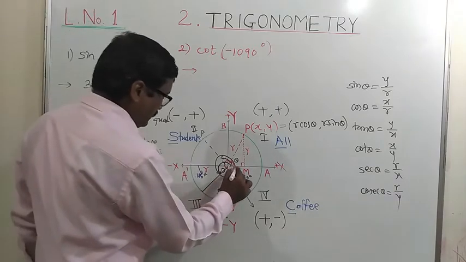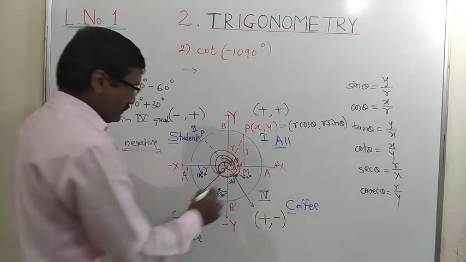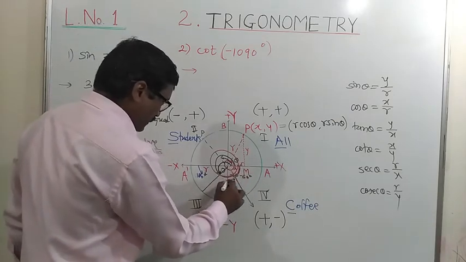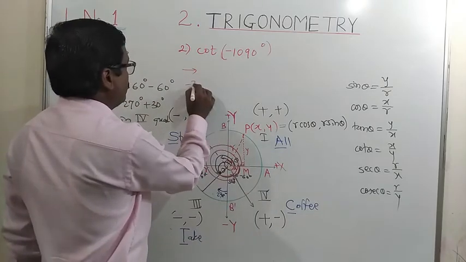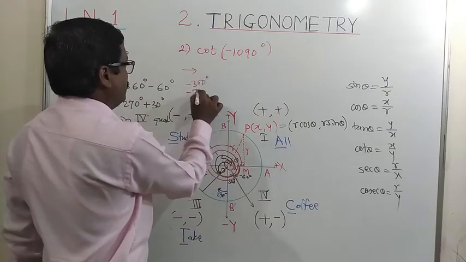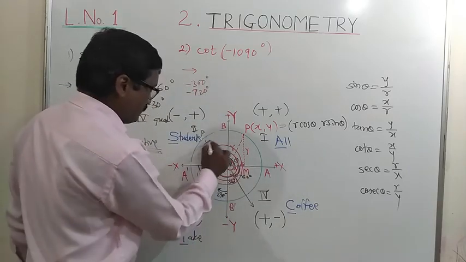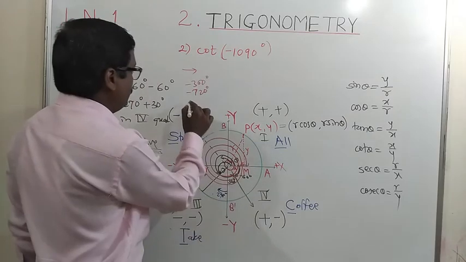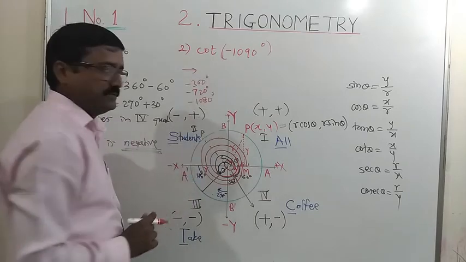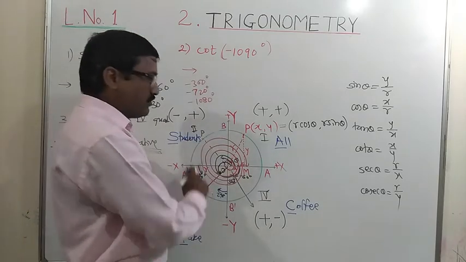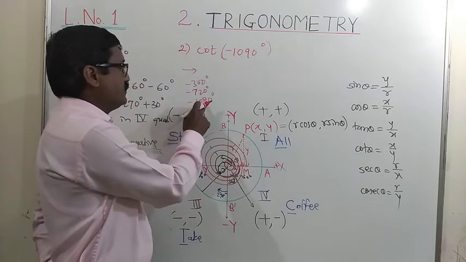This will be negative 360. If we complete another rotation, then it will be negative 720. If we complete a third rotation negatively, then it will be minus 1080 degrees. So after completing 3 rotations in the clockwise direction, we will reach negative 1080 degrees.